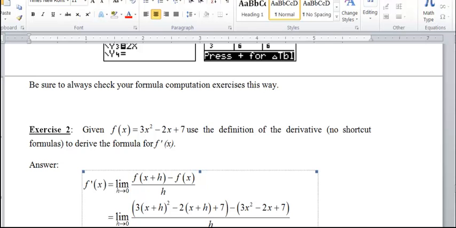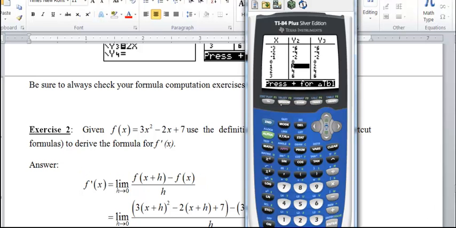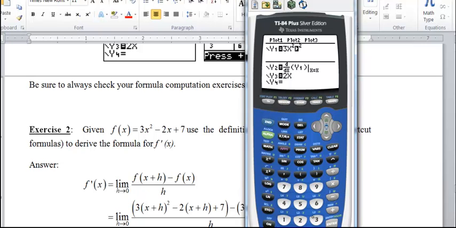Okay, let's go ahead and check it again. 3x squared minus 2x plus 7. Get rid of that square.